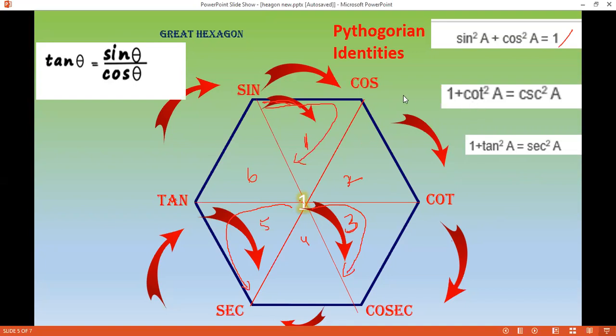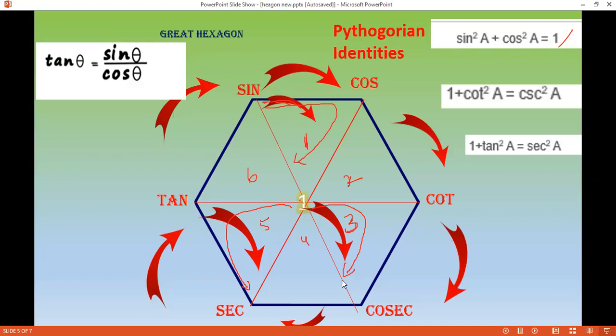If you start with cos square A, cos square A is equal to 1 minus sin square A. Next, cosec square A is equal to 1 plus cot square A. We already wrote that. Suppose I start with cot square A. Cot square A is equal to cosec square A minus 1.